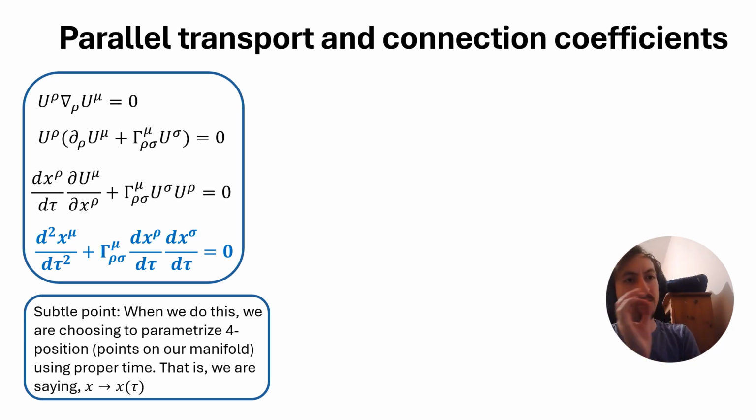But a very subtle thing that is not immediately obvious or clear is that we've been using proper time with which to parameterize four-position and also four-velocity. Therefore, a natural question might be, could we use a different parameter?